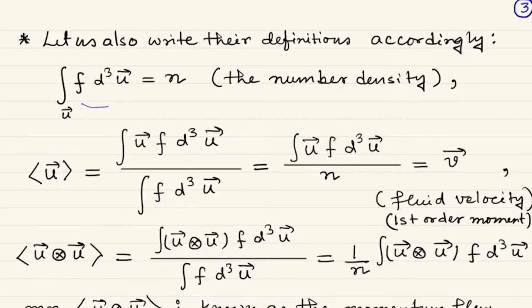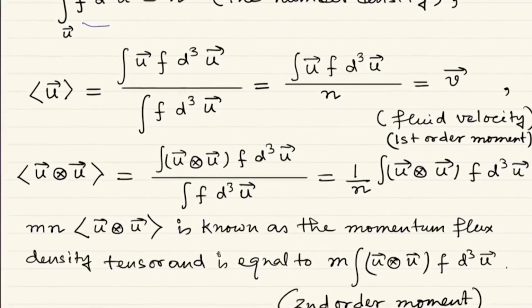Now when you integrate this in the velocity space, it will simply be the number of particles per unit real volume, and that is our particle density or number density n. Then what is the average of u? Already I defined this as v. Once again, u tensorial u averaged is 1 by n integration u tensorial u f d cube u.